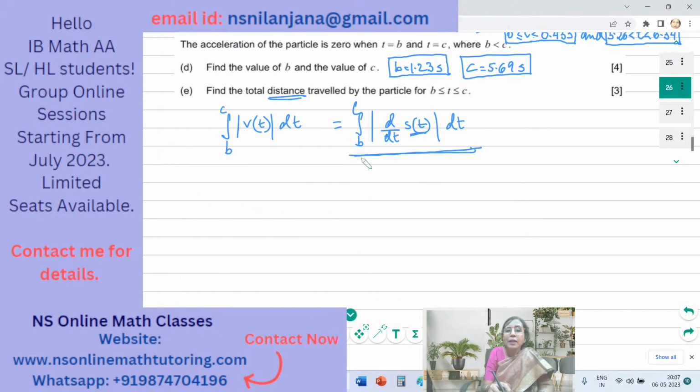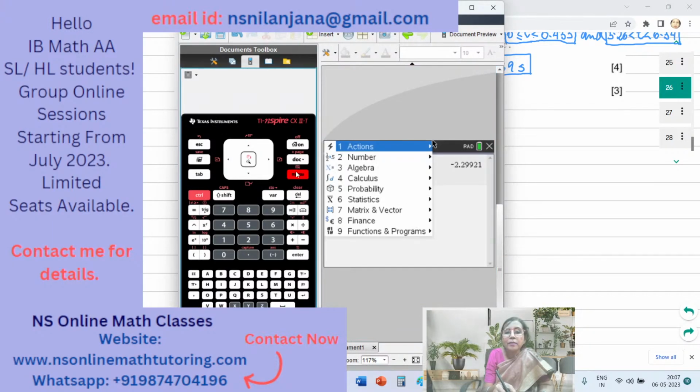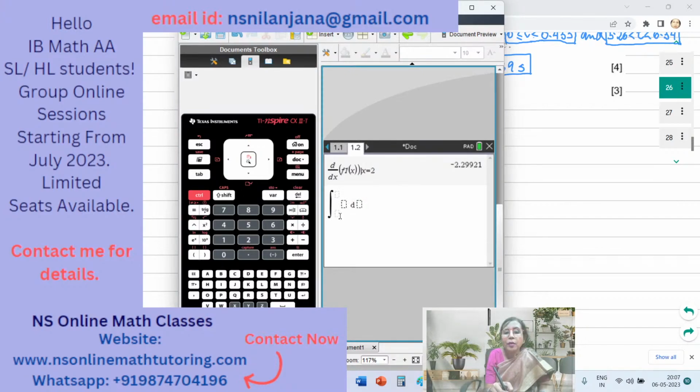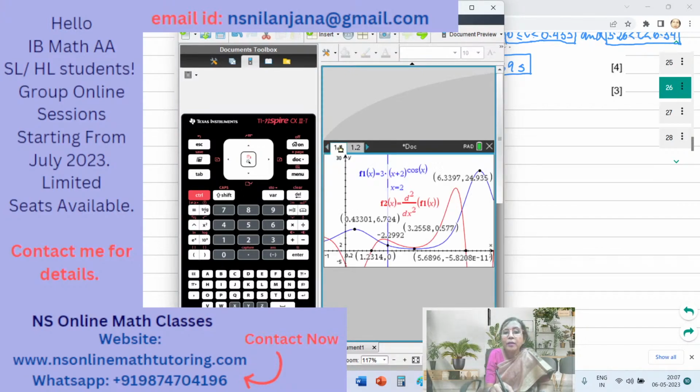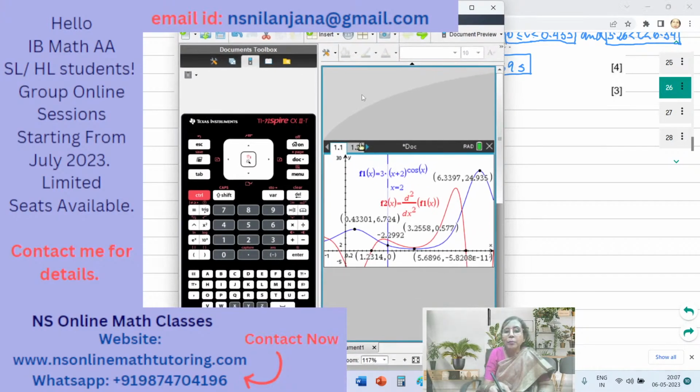First, it is the integration. So we start with the numerical integration. What are the two limits? Let me take not 1.23, but 1.2314. You may take 1.23, it doesn't matter. So I'll be taking 1.2314.